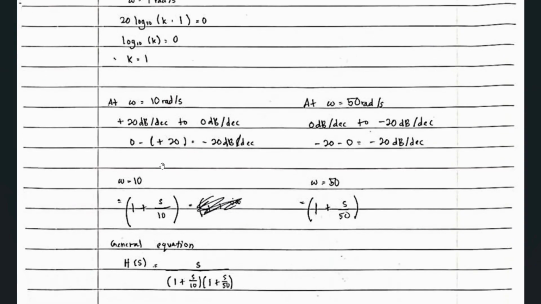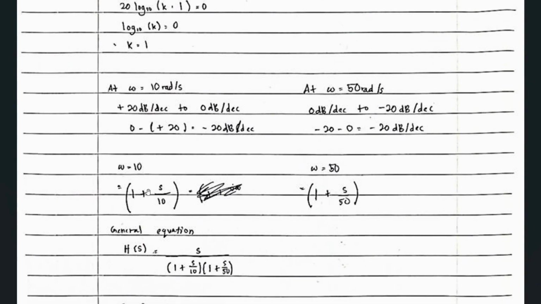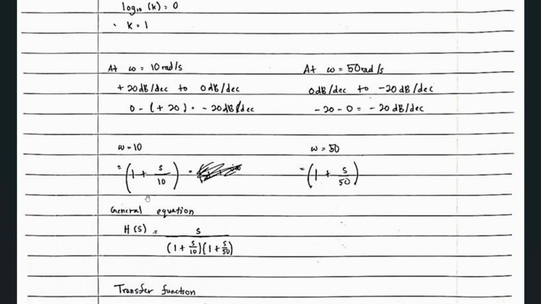From this we can say a decrease of 20 decibel per decade indicates the presence of a pole at omega p equals 10 radian. So the equation is 1 plus S over 10.